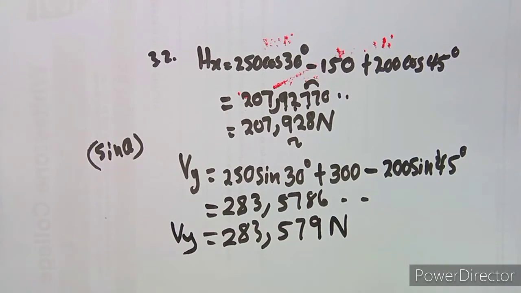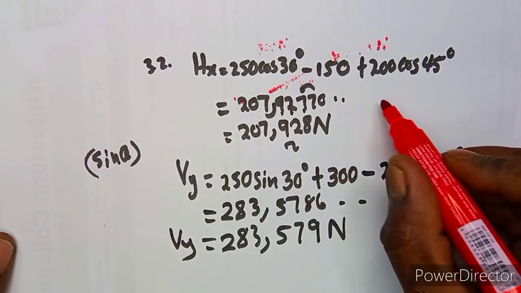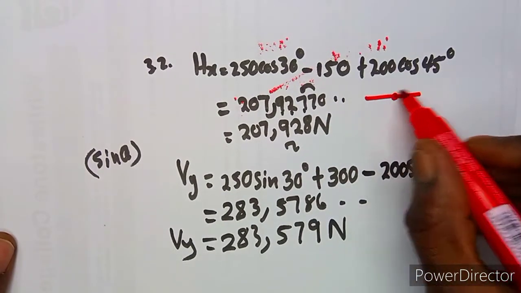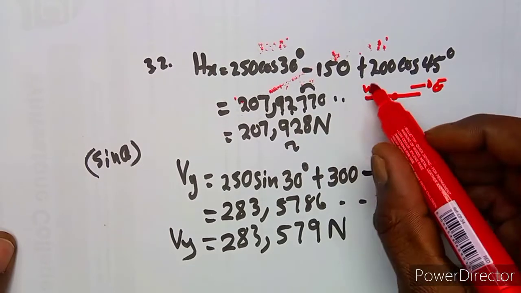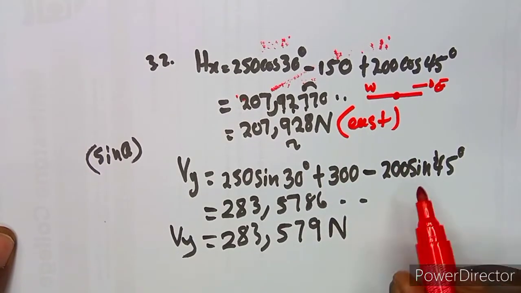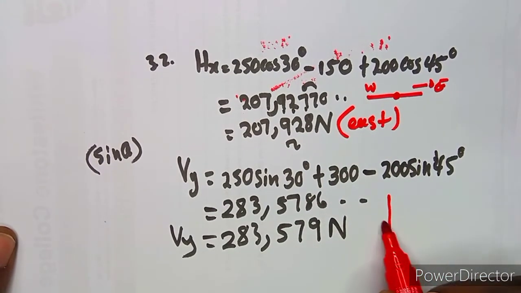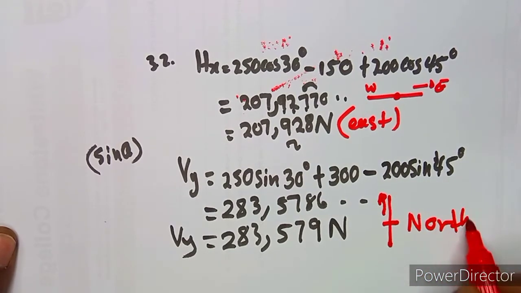This is our vertical. So let's just take a closer look. This horizontal here is positive, which is going to the east. Remember, it's east and west, so this is to the east here. And this, our vertical, is positive like this, which means it's going to the north.